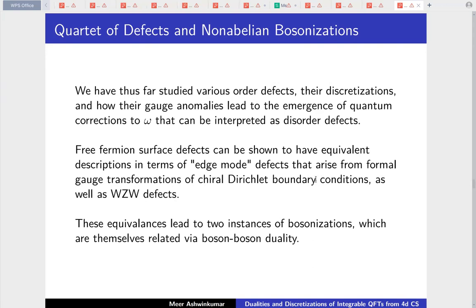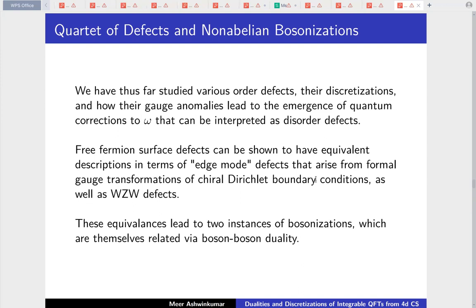The effective action will have some description in terms of some bosonic variables. And this effective action, we shall call an edge mode action, because from the 4D Chern-Simons perspective, it really is an action for edge modes at the poles of the meromorphic one-form.